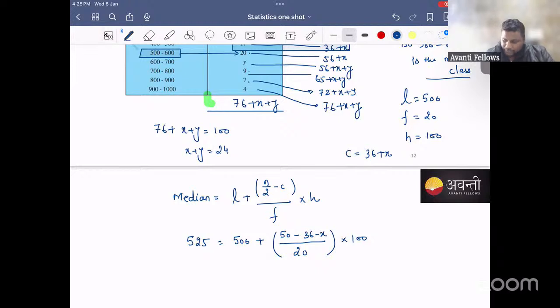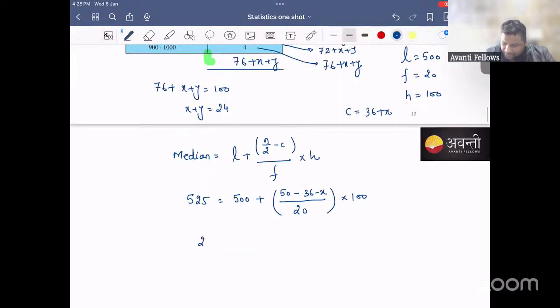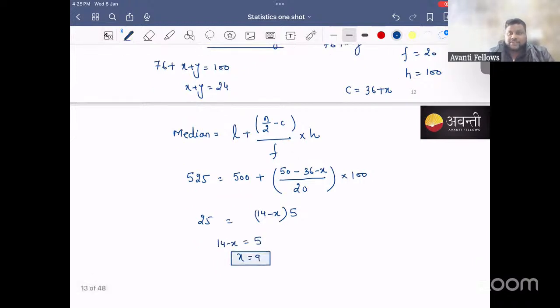Understood? Now if I simplify it, it will be 25 is equal to (14 minus x) into 5. So 14 minus x is 5, then x is 9.